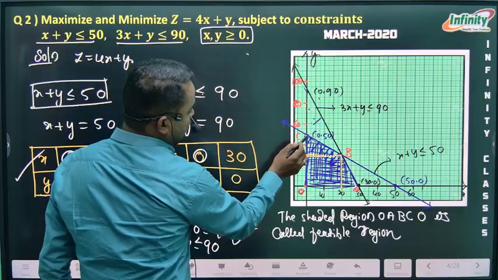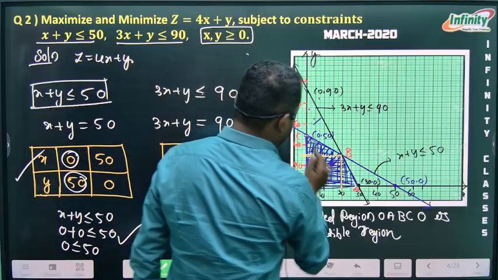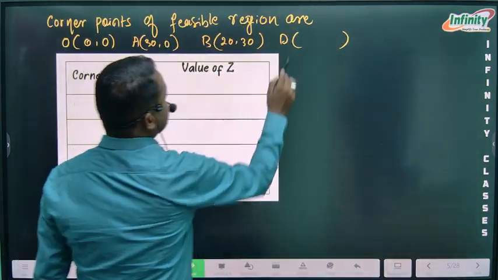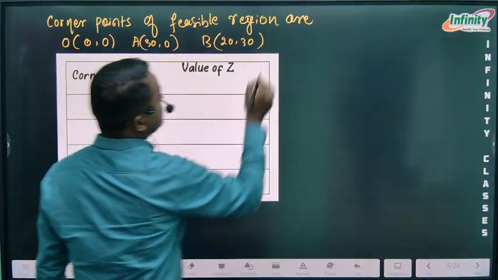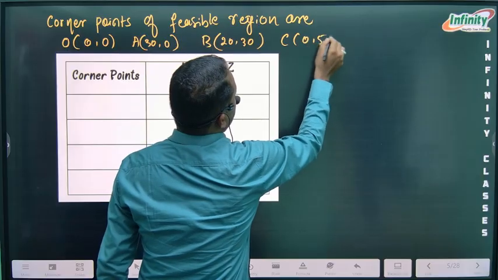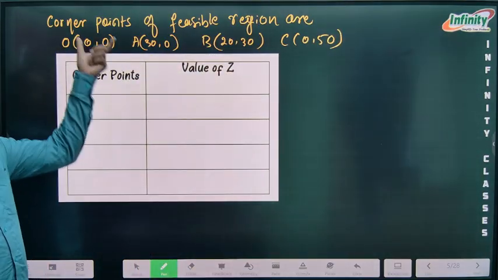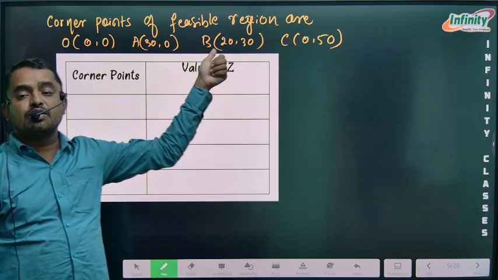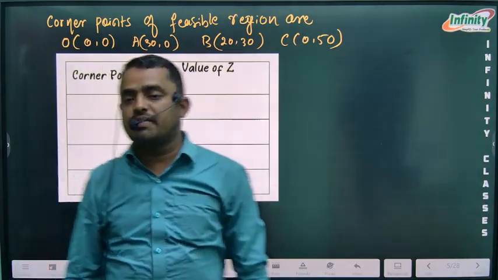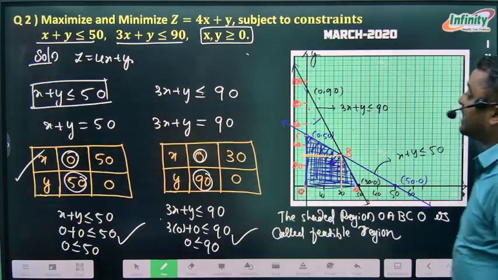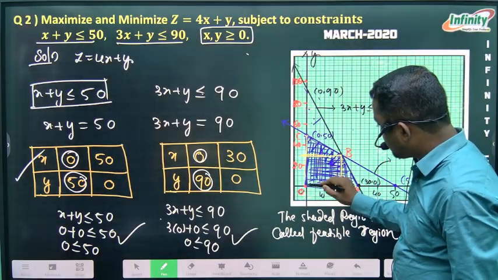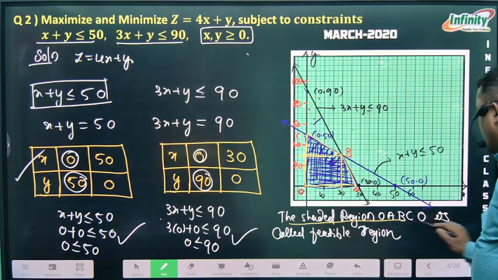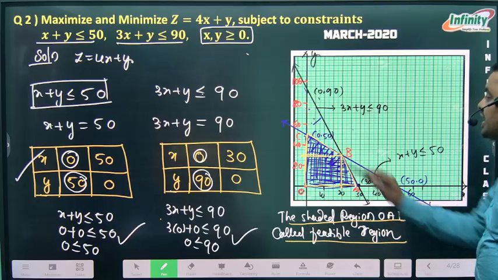And the coordinates of C? C is (0, 50). Once again, the corner points of the feasible region are O (0, 0), A (30, 0), B (20, 30), C (0, 50). This region, the shaded region OABCO, is called the feasible region.